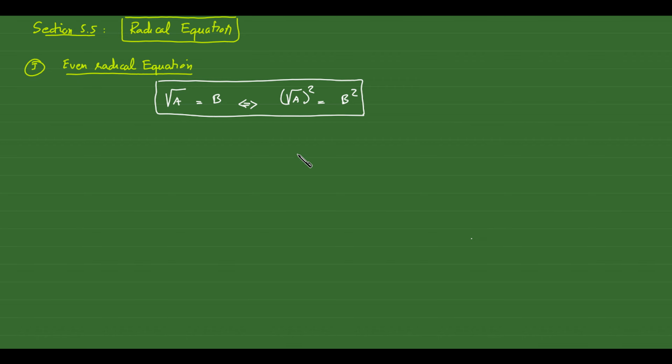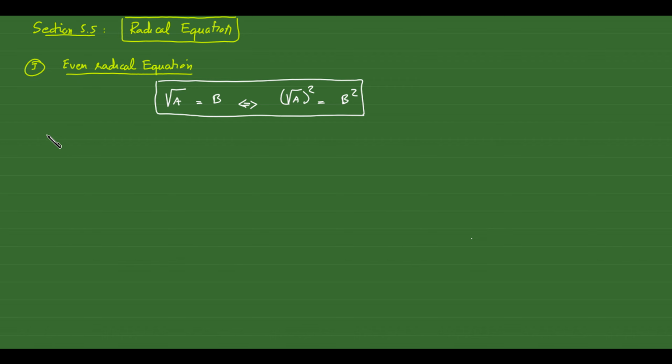For every radical equation, even an odd radical equation, you try to bring it back to this form. Even though the question gives you an equation that contains two radicals, you must be able to bring it to one radical. If you have two radicals, you cannot solve it, so you must convert it to one radical.